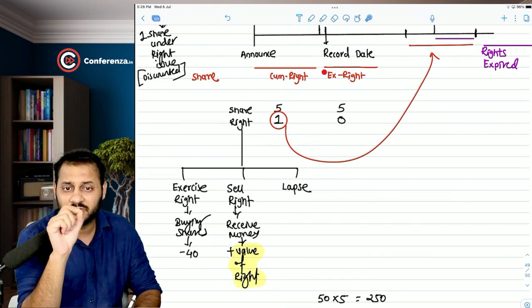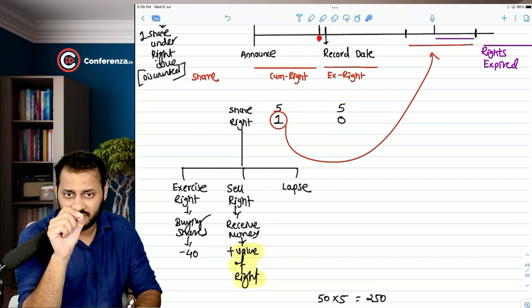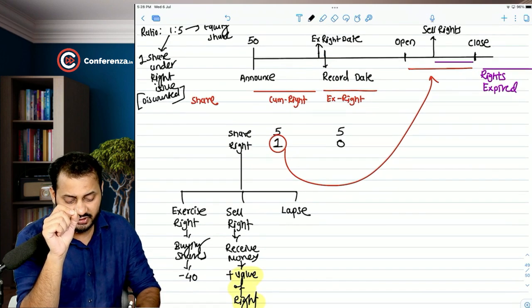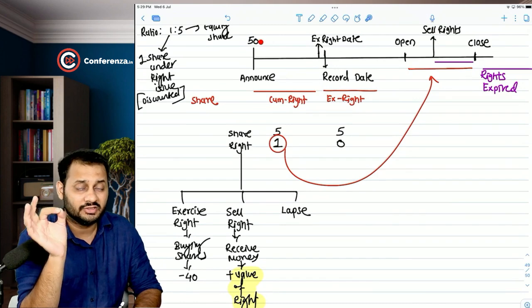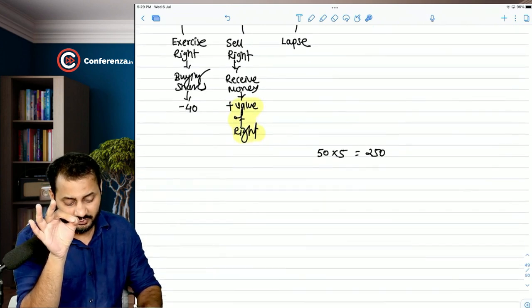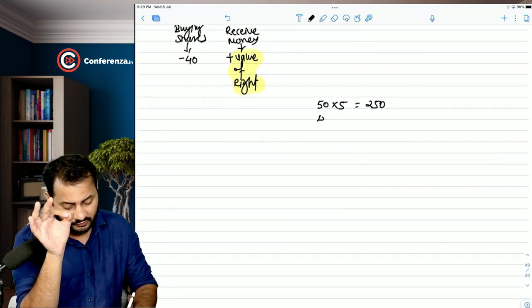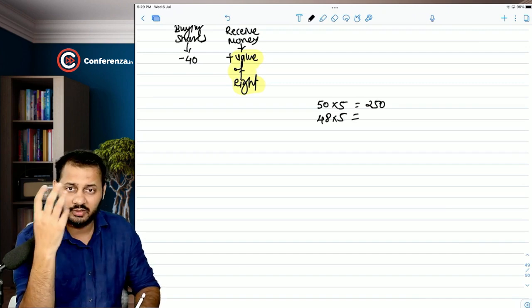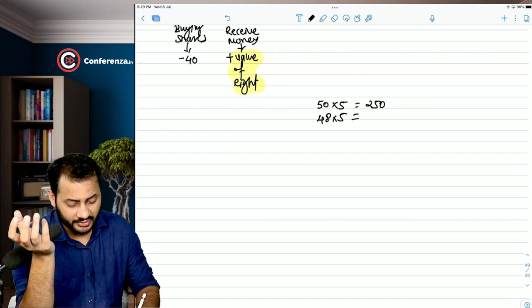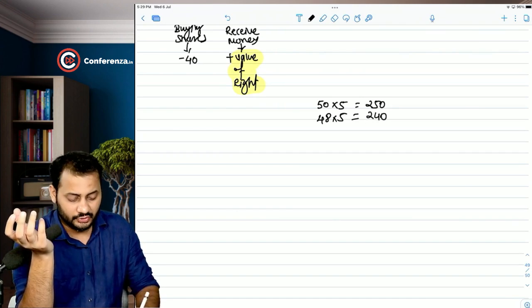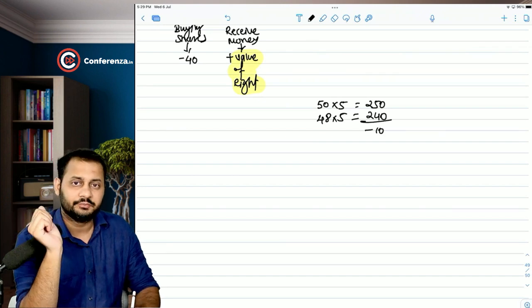And what happens is after this particular date, the price of the share comes down. It may come down to, let's say, 48. So your 5 shares, each of which will become 48 rupees, will be 240 only. So you will have a loss of 10 rupees.